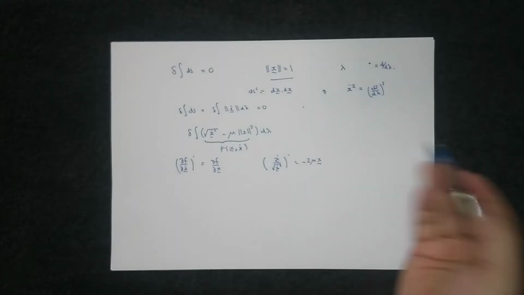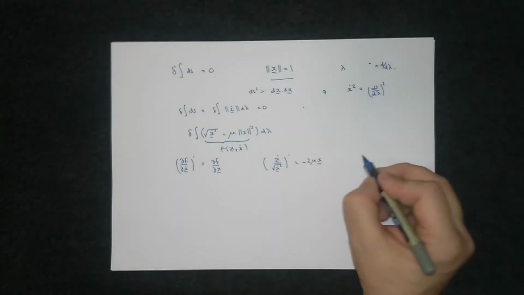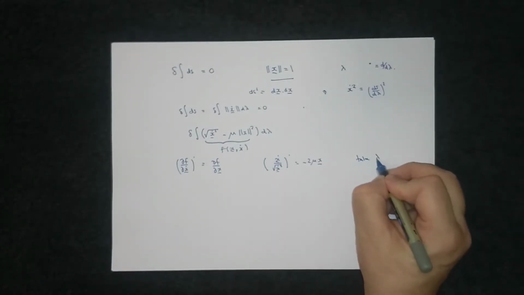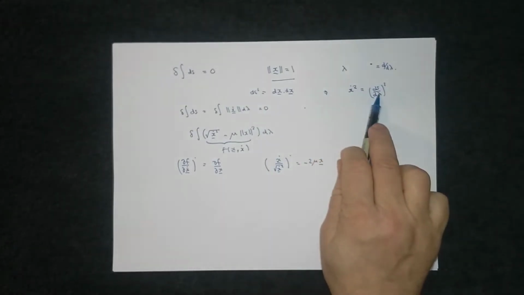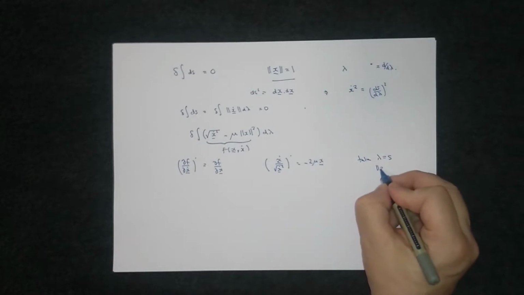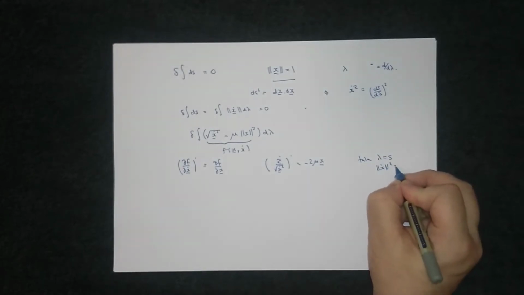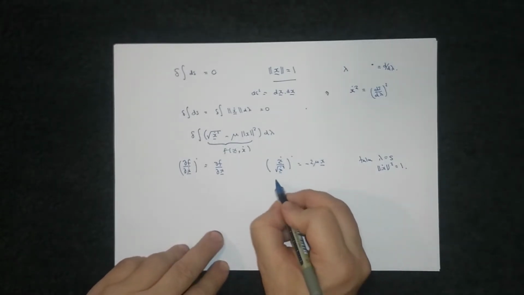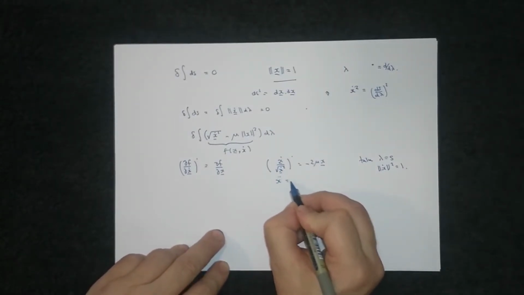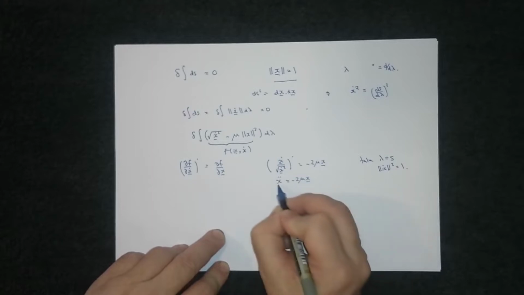At this point, lambda could be any parameter along the curve, so let's take lambda to be arc length itself. And then from this relationship here, you'll see that norm x dot squared is 1. So this thing becomes x double dot is minus 2 mu x.